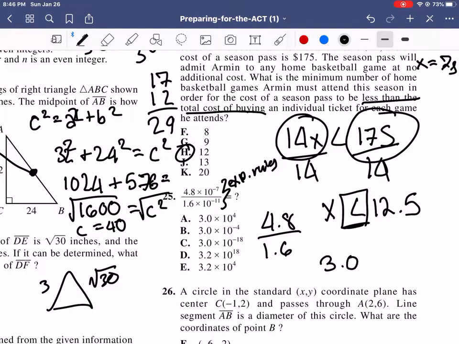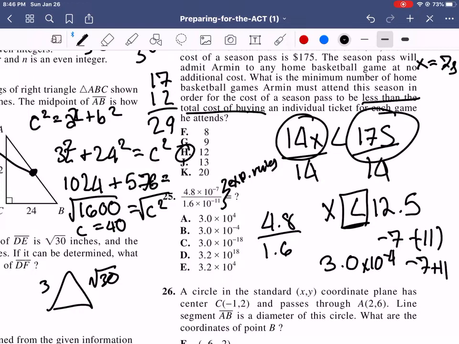So 3.0 because it's scientific notation. And exponent rules, when you divide by exponents, you subtract. So negative 7 minus negative 11 is negative 7 plus 11. So it's negative 4 times 10 to the negative 4th power.